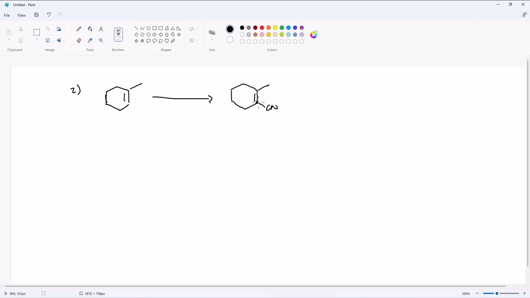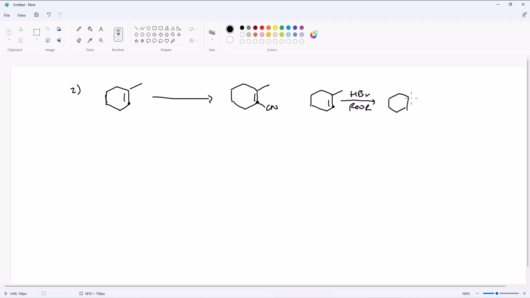So I want to get a leaving group installed at this position or this position here, such that I can do nucleophilic substitution. So let's play that out. Okay, let's install a leaving group here. So let's say I want to do HBr, but this is the anti-Markovnikov position. So that means I have to do this with peroxides.